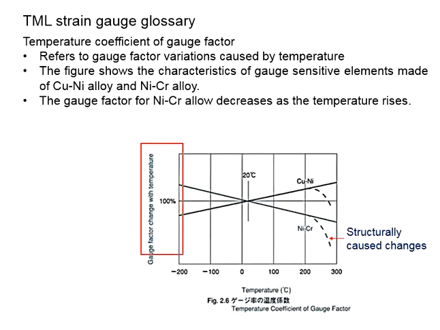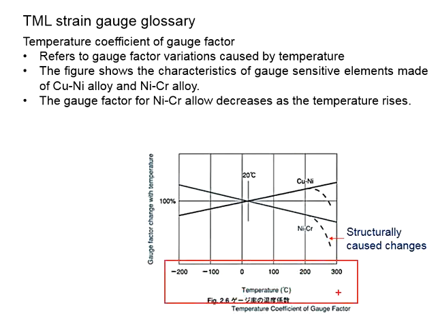The y-axis here represents the gauge factor change with temperature, while the x-axis here represents the temperature. Both lines intersect 0 at 20 degrees Celsius. That means if you are conducting testing at a temperature of 20 degrees Celsius, no correction of the gauge factor is required.